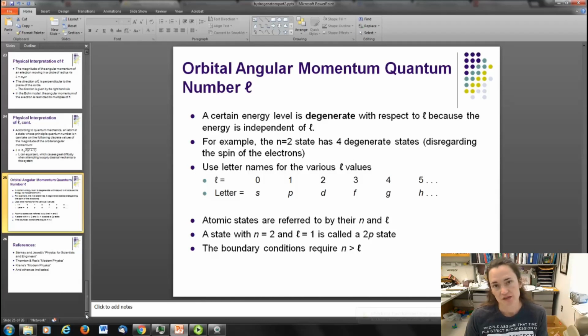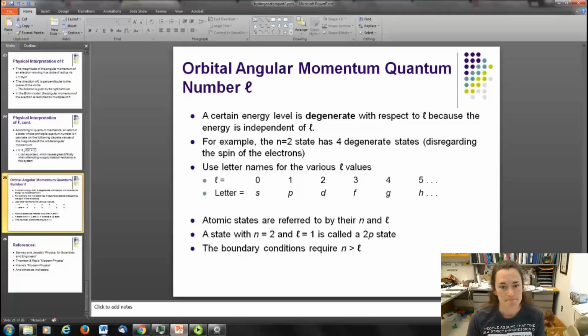Notice also that you can have different values of L for a given value of n. So, for example, if you have n equal to 3, then L can equal 0, 1, or 2. And that's a degeneracy. Remember that we defined last semester a degenerate system as one that has different sets of quantum numbers but the same energy. So this is a degenerate system because the L equals 0, 1, and 2 for that n equal to 3 state would all have the same energy.